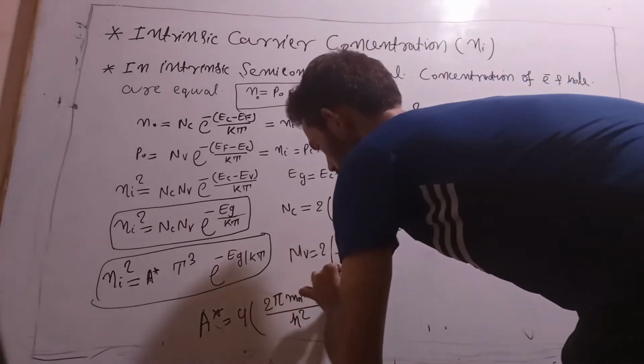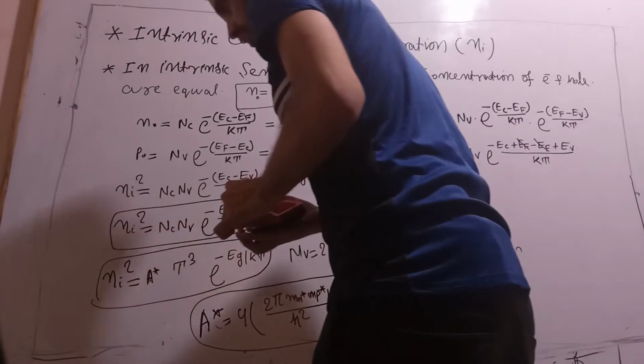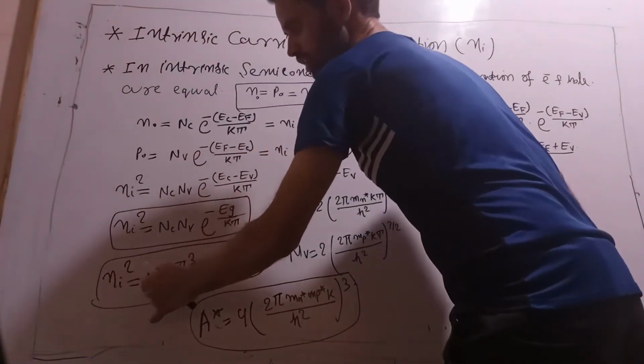Whatever remaining is there is A star. So this is my A star value, and ni square is equal to A star T cube.